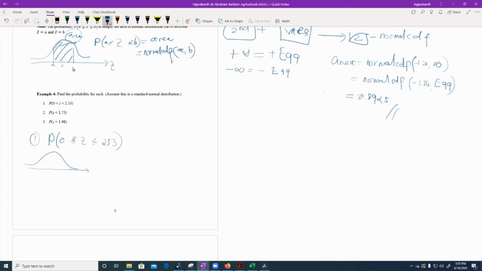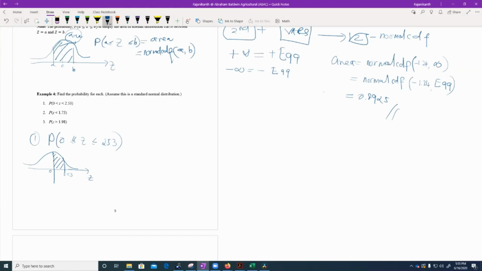I'm drawing here a standard normal random variable curve. Now I'm going to look at the area between 0 and 2.53. 0 is here, 2.53 will be somewhere here, and I'm basically finding the area between these two values, this area, right?